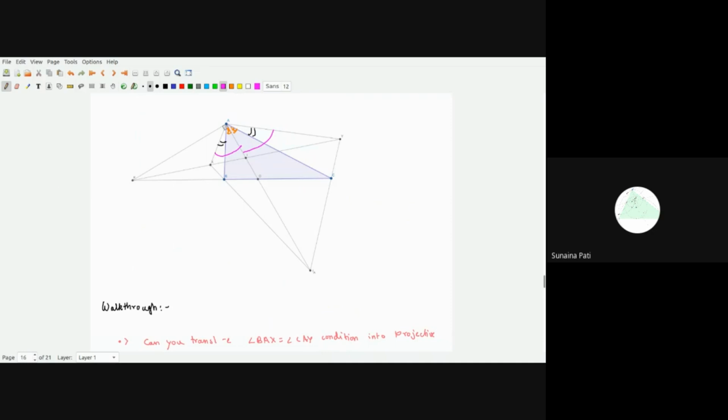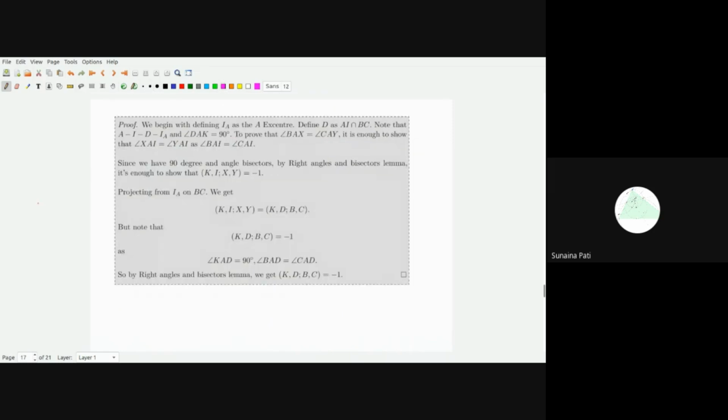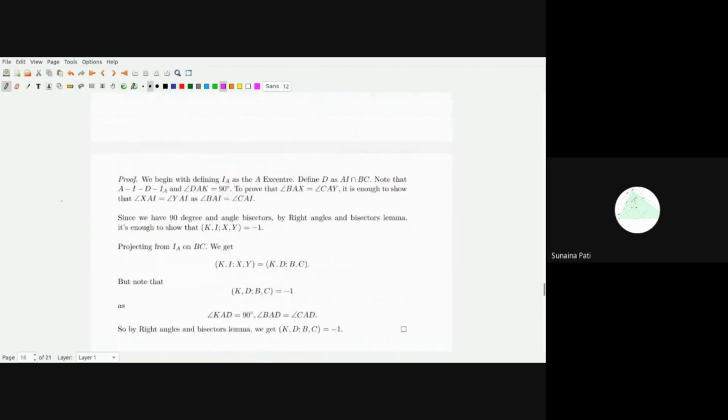So let me just show the proof also. Why does it look like such a big proof, but it was only two projections? Try to explain the idea too. मतलब मैंने ही लिखा है proof. Sometimes I write so big.